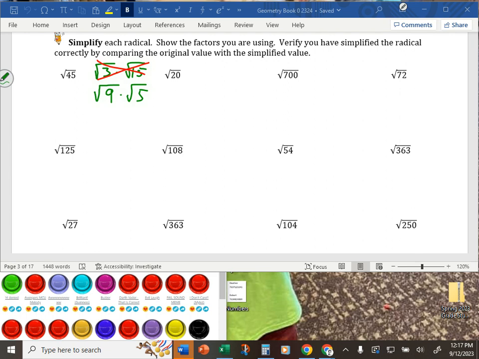We're just as helpless as we were with root 45, but with root 9, we can change that into a 3, because root 9 and 3 are equivalent values. And even though root 5 is not a perfect square, we can't do anything with it, that's okay. Our final answer is going to be 3 times the root of 5.